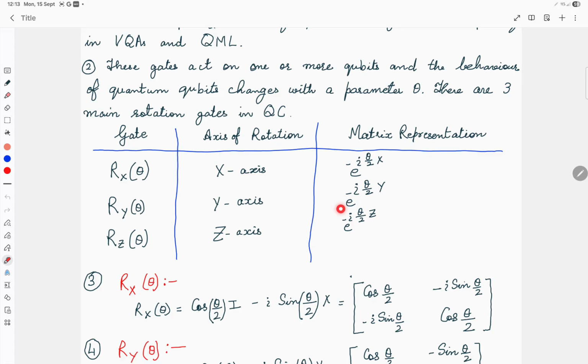So the matrix representation is e to the power minus iota theta by 2 Y, and in the case of Rz theta, the axis of rotation changes and it becomes z. So these are the three important rotation gates which are basically based on the Pauli matrices.